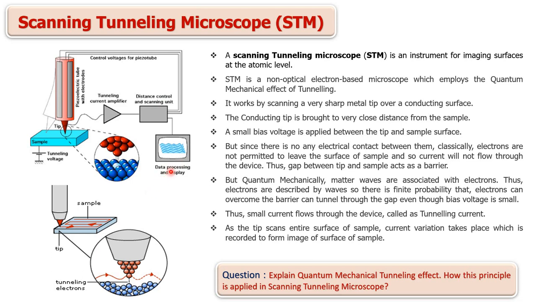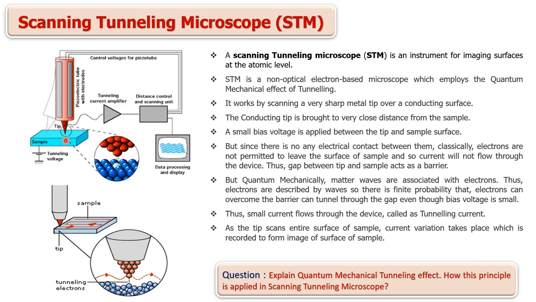Now see how tunneling of electrons occurs here. Because of the tunneling effect, a small electric current is produced in this device. This tip, the conducting tip or scanning tip, is brought very close to the surface of the specimen. It is not touched to the surface. Some gap is kept between the tip and the specimen, but that gap is very, very small, around 1 nanometer.